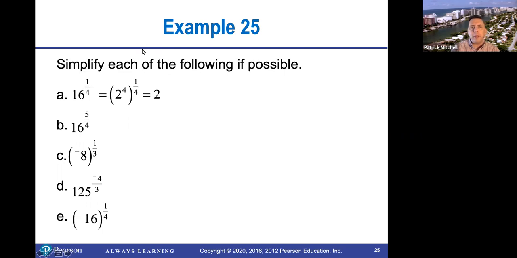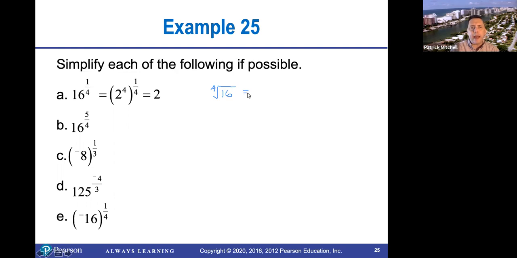But I will mention, if you understand 4th roots, this is kind of forcing you to figure out the 4th root of 16 anyway. You have to come up with that too. But the 16 to the 1/4 means the 4th root of 16, which is 2.